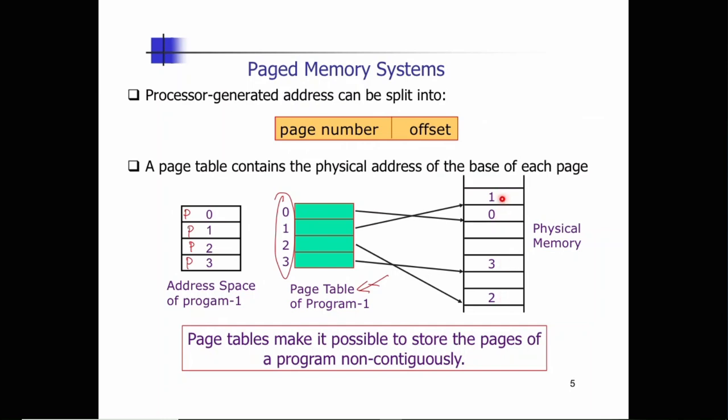They don't have to be all 0, 1, 2, 3, for example. I can have page 0 over here, page 1 over here, 2 over here, 3 over here, and I have some free frames in the physical memory in which I could have another program residing. That will allow me a lot of flexibility when it comes to using the same physical memory for various programs.